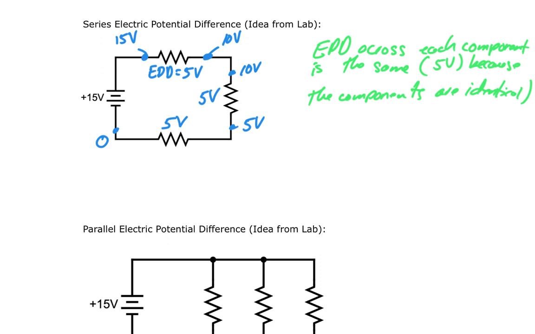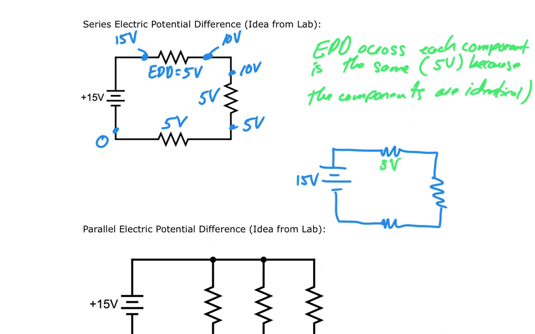So for instance, I could draw another circuit here and say I've got a 15-volt battery, and then I could have a resistor here, and a resistor here, and a resistor here. With a 15-volt battery, maybe this component had a 3-volt electric potential difference, and this one has a 10-volt electric potential difference.